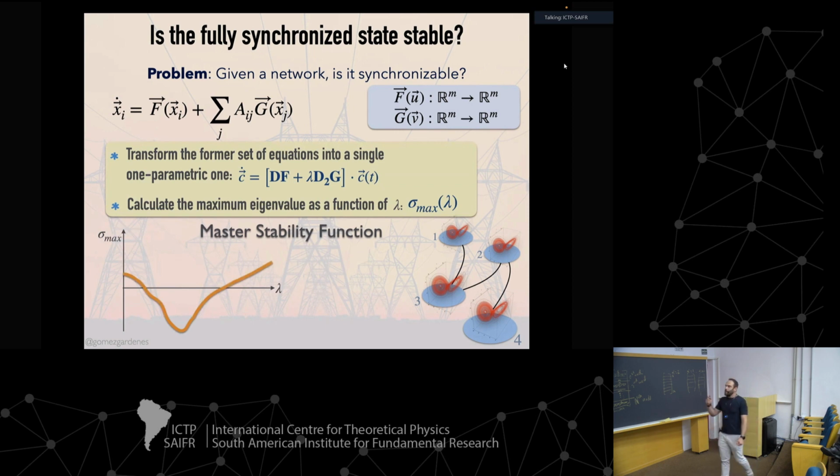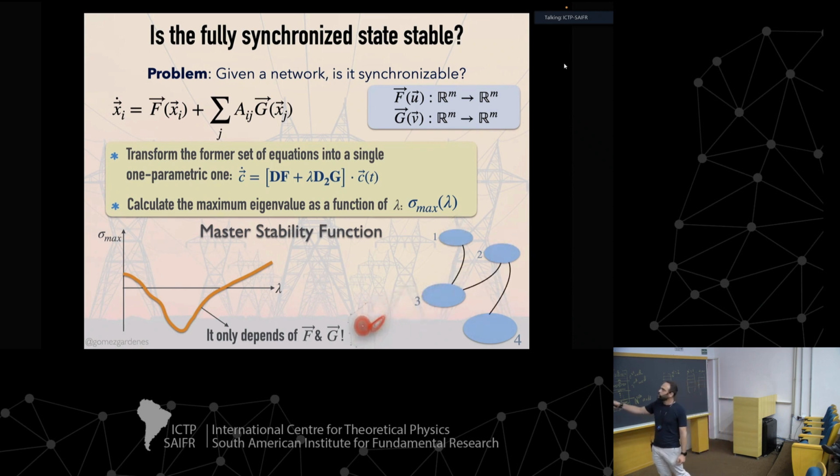The important thing, and I know that most of you have not followed the derivation because you have to do it by yourself the first time, but the most important thing is this curve is only due to f and j, m-dimensional functions. So it is only related to the characteristics of the dynamical systems at work. Nothing to do with the topology.